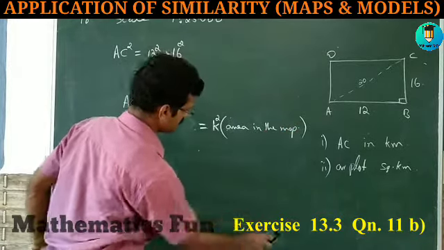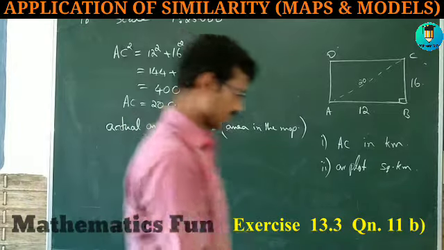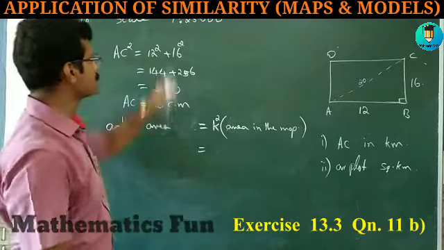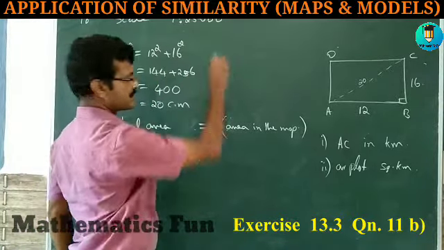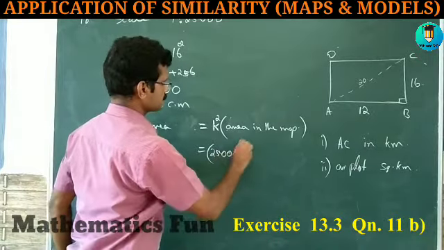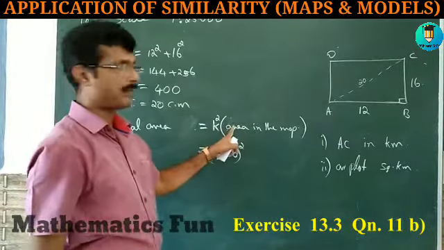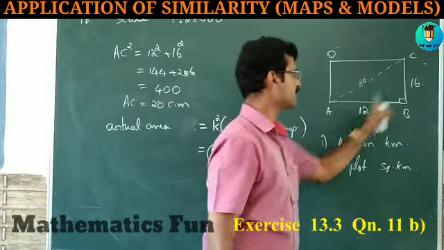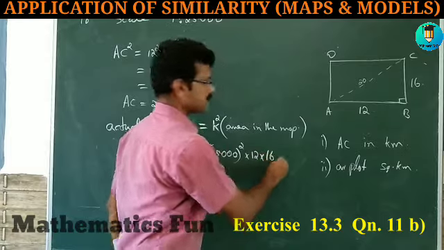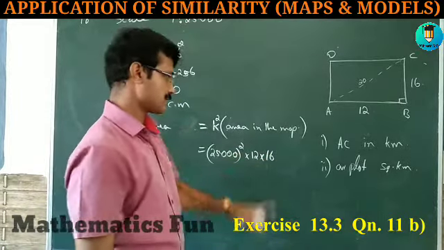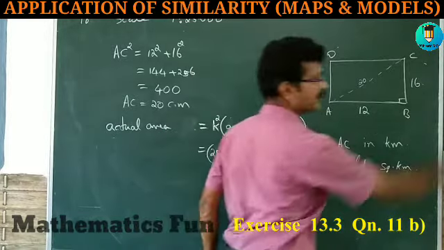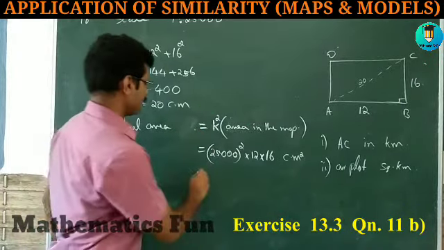This is the result you studied in the last class. So here K square means 25,000 square, into area in the map. Area in the map means length into breadth, that is 12 into 16, the rectangle. So here the unit will be centimeter square. Remember that. Since both are in centimeter, it is in centimeter square.